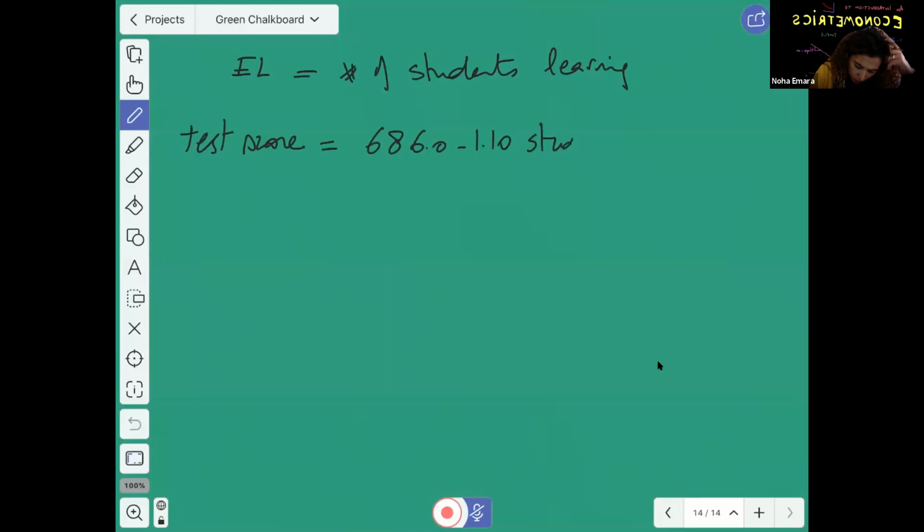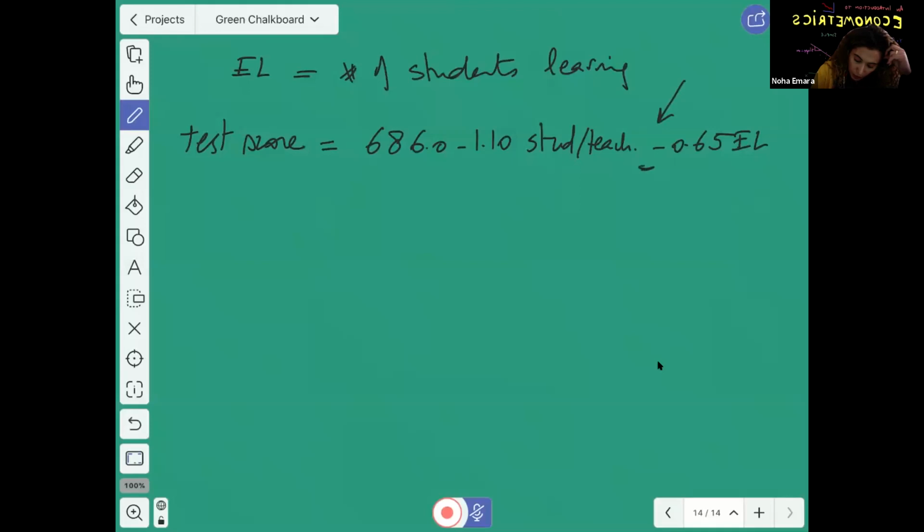Student-teacher ratio minus 0.65 EL. So now we have added the effect of English learners. The result is expected. I expect that as the number of students still learning English in class increases, the test score is lower.